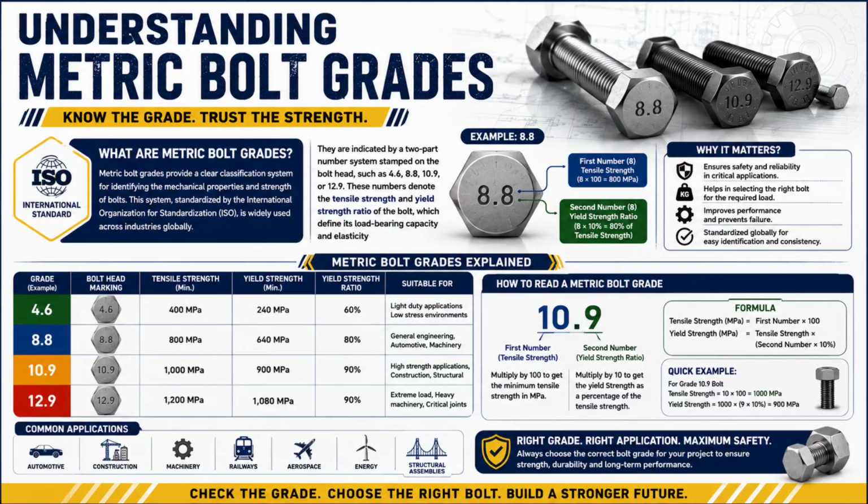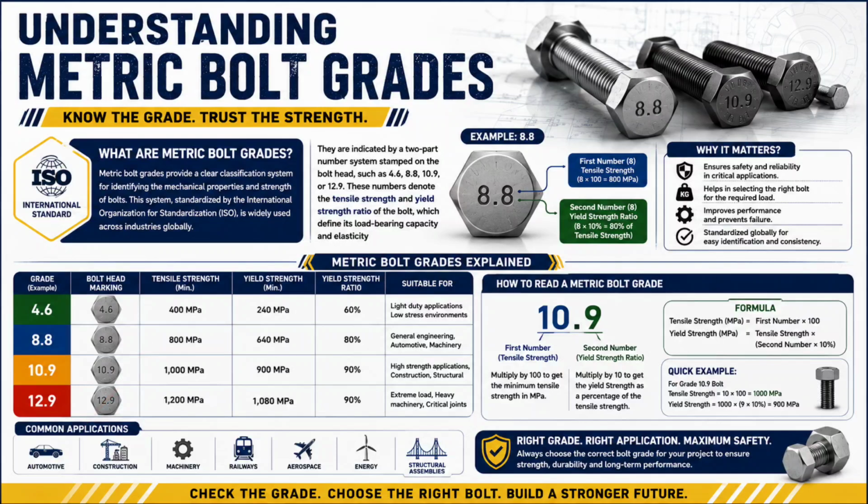These numbers denote the tensile strength and yield strength ratio of the bolt grade, which defines its load bearing capacity and elasticity. For example, if the bolt grade is 8.8, the first number 8 represents the tensile strength of the material. So it is 8 into 100, that gives you 800 Newton per millimeter square as the tensile strength of the bolt.